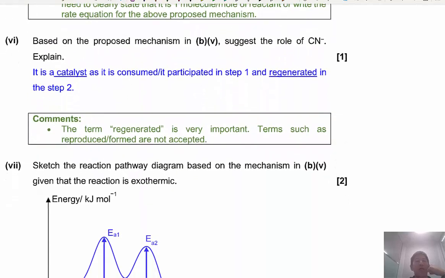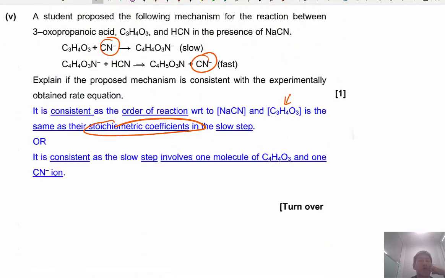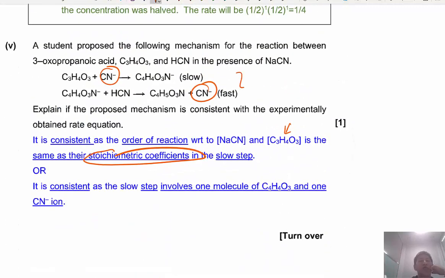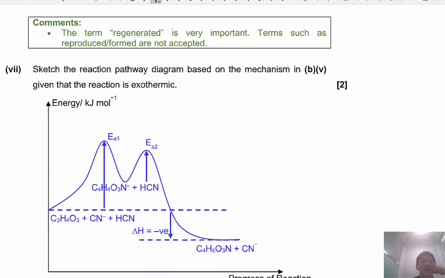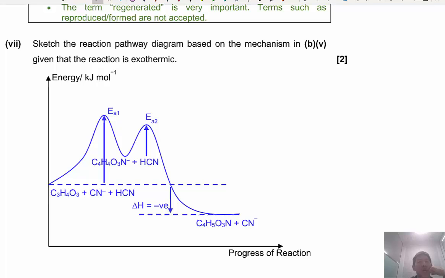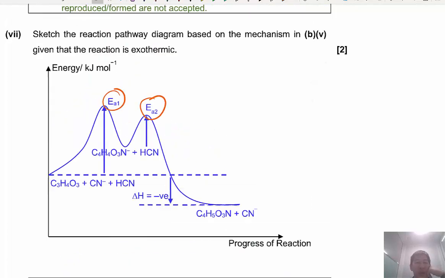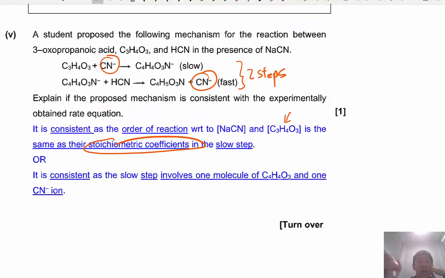Sketch a reaction pathway diagram based on the mechanism. For this sort of reaction, if there are 2 steps, it means there are 2 humps. For 2 humps, you draw this. A lot of students ask, how do I know the respective activation energies? Which one is higher, EA1 or EA2? Sometimes the question doesn't give you any clue, but this time there is a clue.